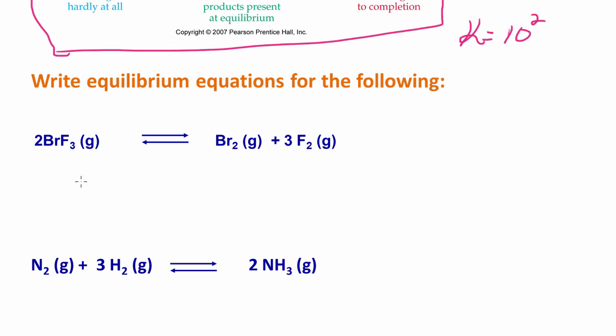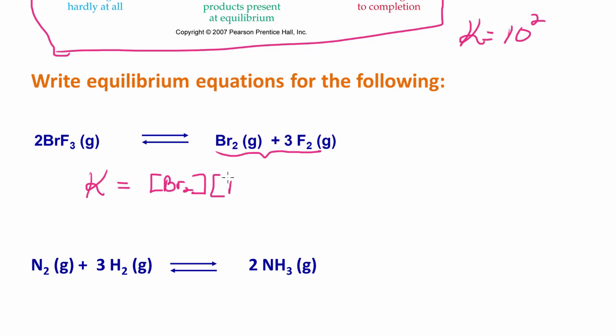Let's go ahead and write some equilibrium equations for the following. So we're going to write some equilibrium constant expressions. First thing I need to do is make sure my equation is balanced, and it looks like it is. So I'll write this. K is equal to, what I want are the products. So we have the bromine, and the coefficient is 1, so we don't include that as an exponent.